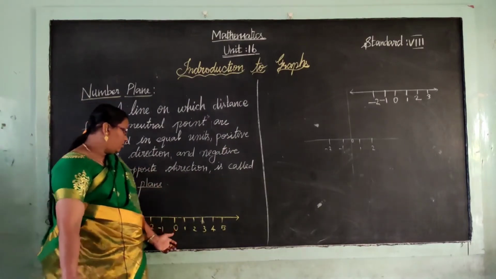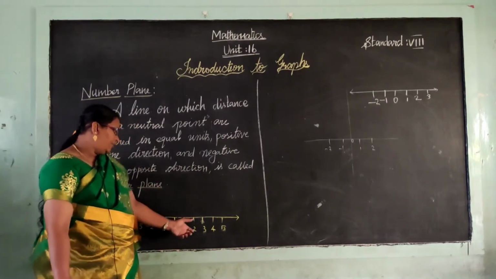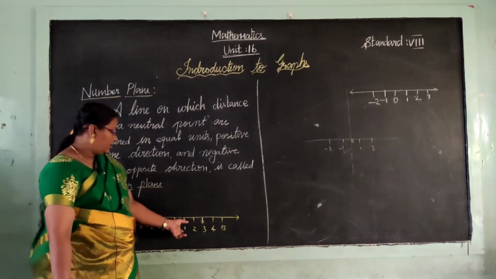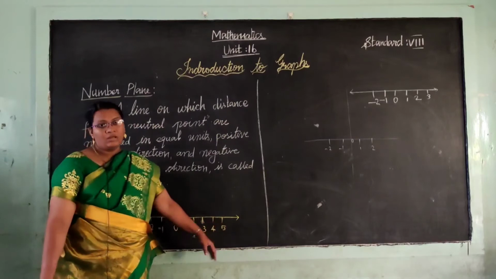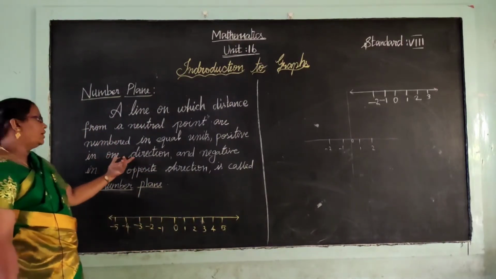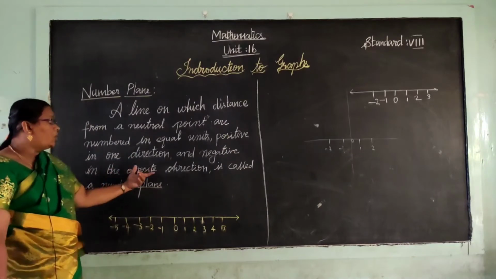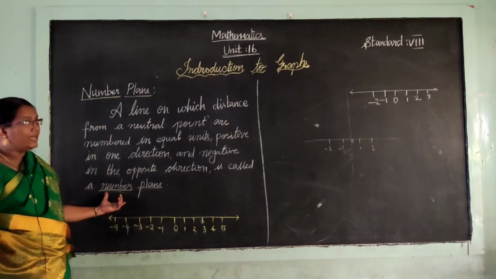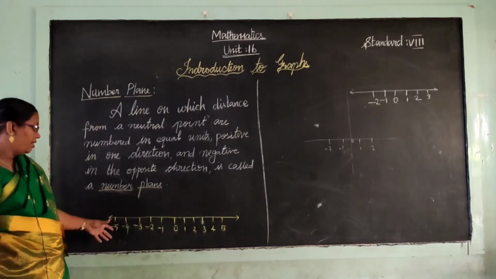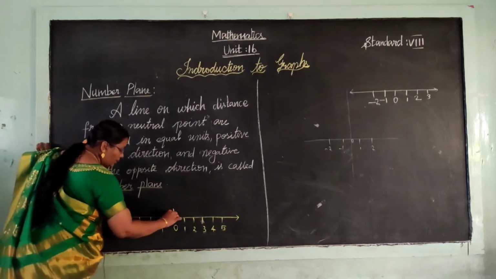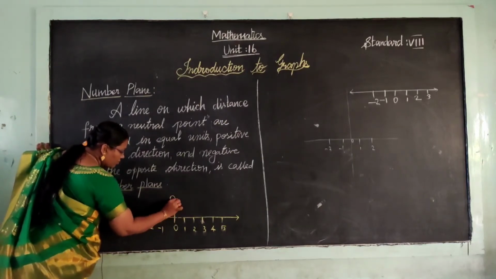Left of the 0 negative and right side of the 0 is positive. Okay, so that is given. So positive in one direction and negative in the opposite direction is called the number plane. Okay, so here the 0 is called origin.